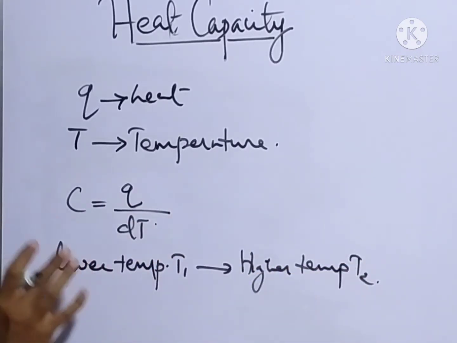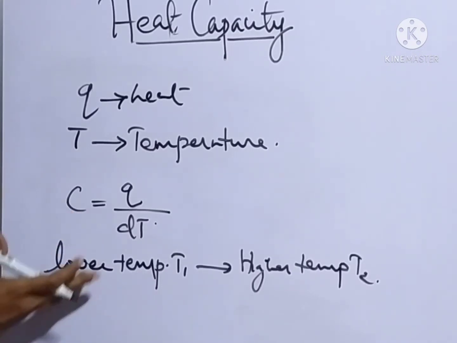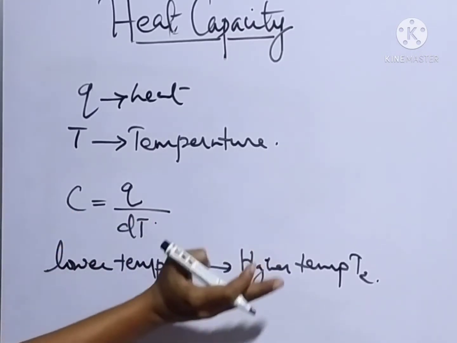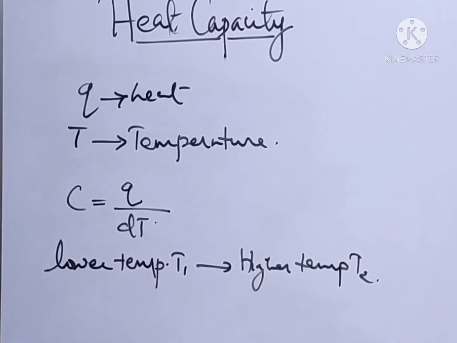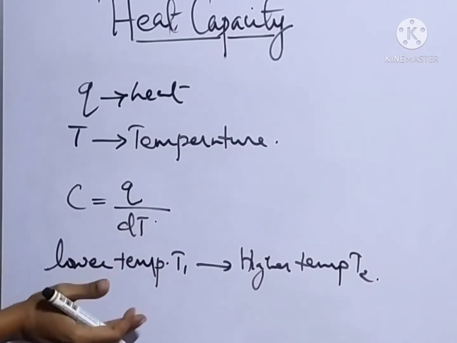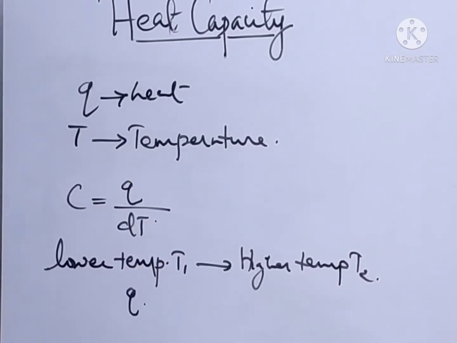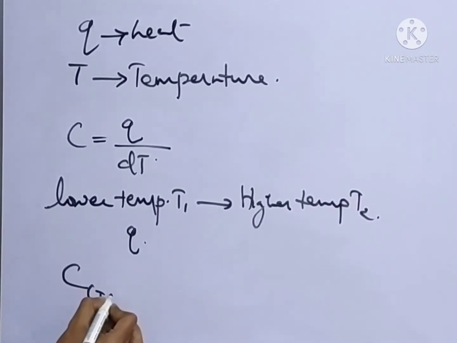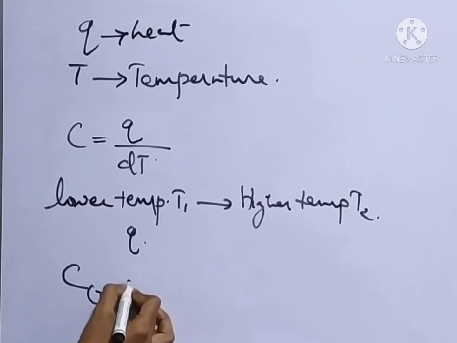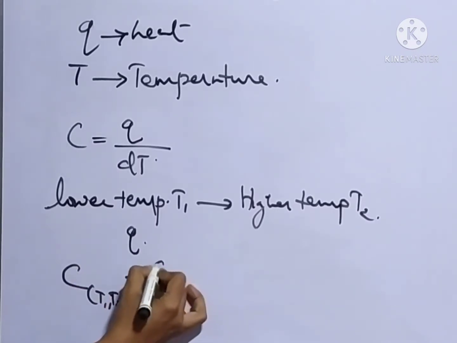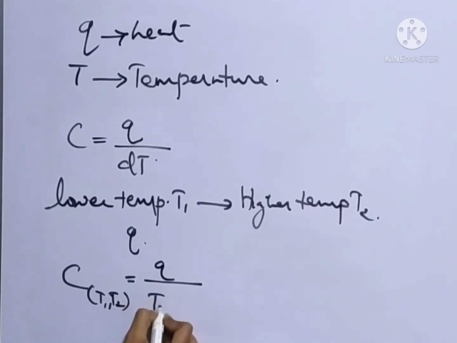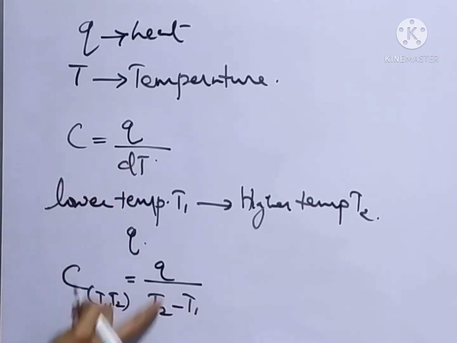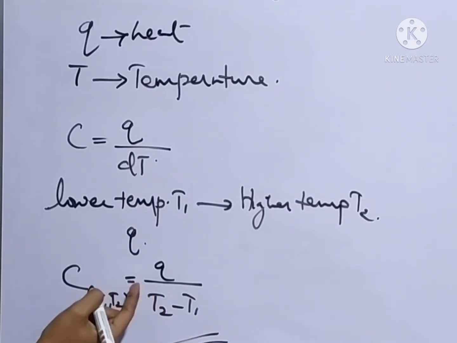Let us consider we are going to increase the temperature of the system from T1 to T2, and the amount of heat required is Q. So we can specifically say C(T1,T2) equals Q divided by T2 minus T1. Instead of dT, we write T2 minus T1.